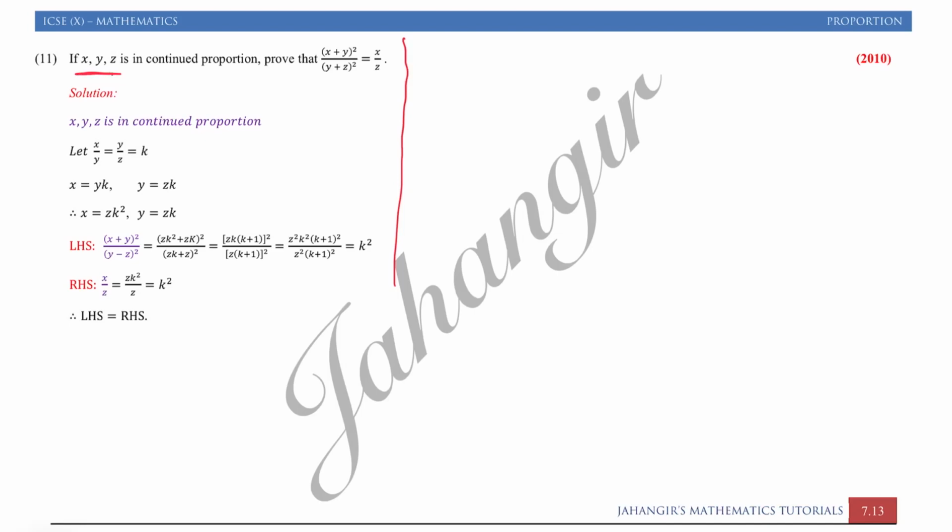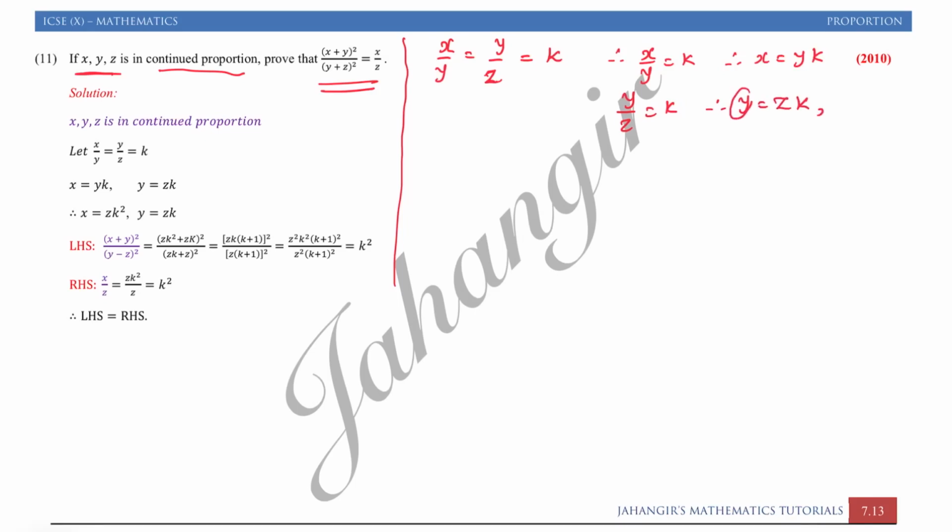Now x, y, z is in continued proportion. Continued meaning I had explained you, x by y is equal to y by z. This is called continued proportion. And you have to prove this. Whenever they say prove that, we are using the k method, so let it be k. Therefore I can write x by y is equal to k, so x is equal to yk, and y by z is equal to k, so y is equal to zk.